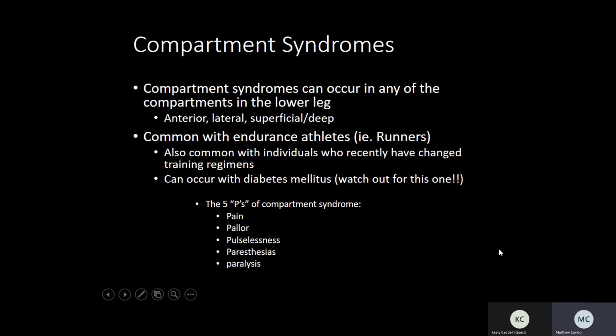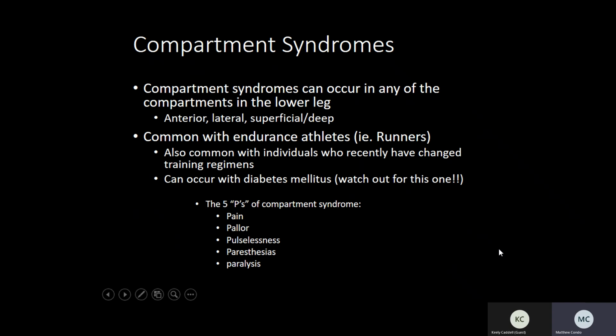All right, compartment syndromes. This is another really big one. Really watch out for this one, not only in our long distance running population, but also with our weekend warriors. You guys are going to see a lot of weekend warriors if you work in outpatient.